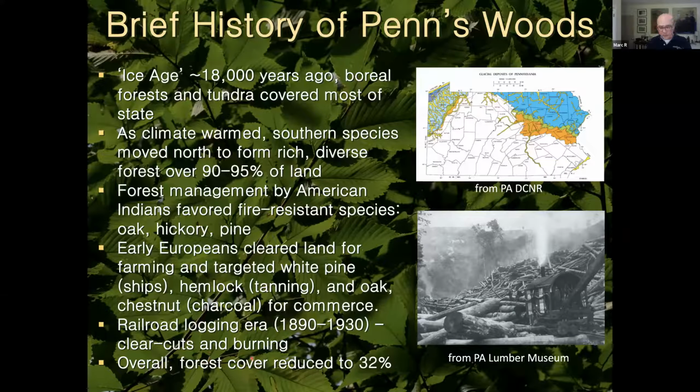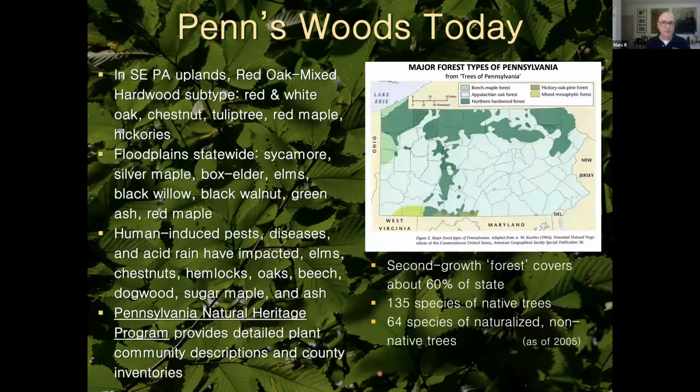So overall, the forest cover was reduced from 95% down to about a third, 32%, because of the European drive logging. So today in Southeast Pennsylvania uplands, we are predominantly red oak mixed hardwood subtype of the eastern hardwood forest.